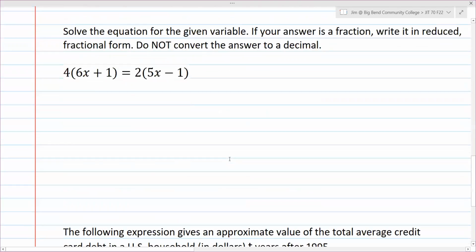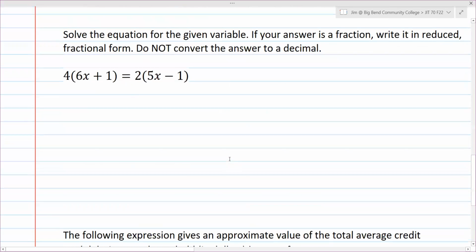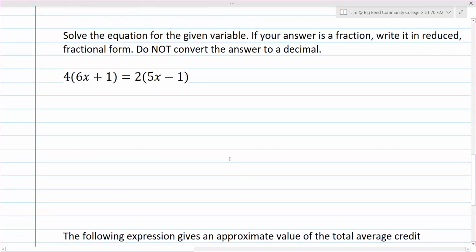Next, solve the equation for the given variable. All right, now we have the keyword solve. Right, that's another word we should be familiar with. And let's keep reading. If your answer is a fraction, write it in reduced fractional form. So that means you have to show your answer just like 2/5, right.